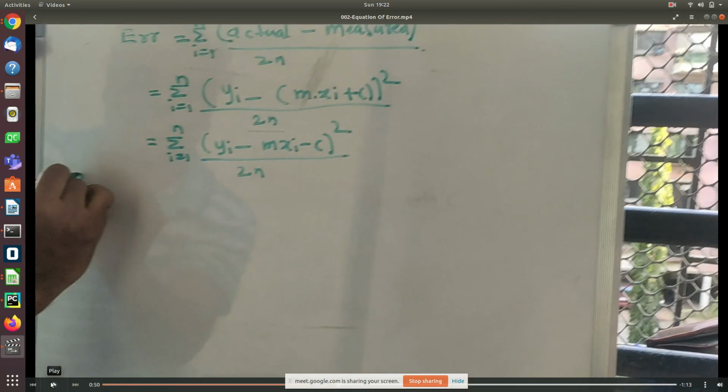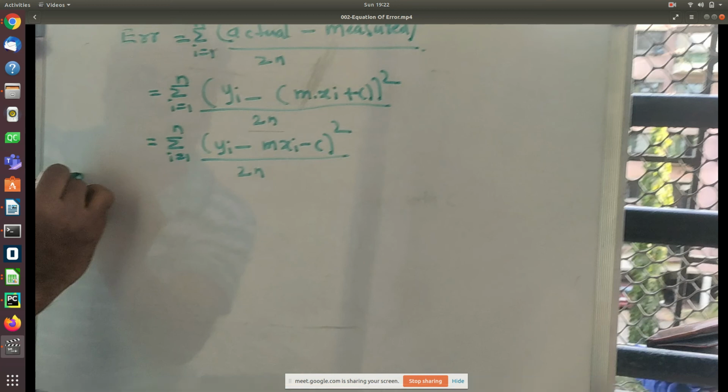Okay, now if this is my error equation, where in the error equation I have actual minus measured, m and c are my two variables, not y and x, because I know y, I know x is given, y is given. These are the two variables I am assuming. So if this error equation is written like this, how to find the slope?